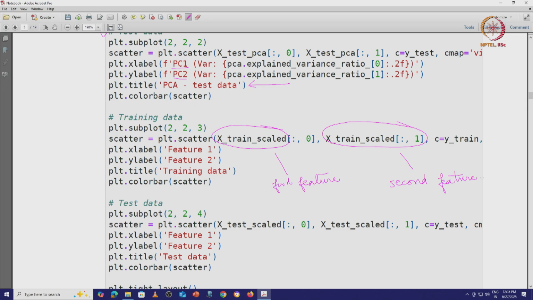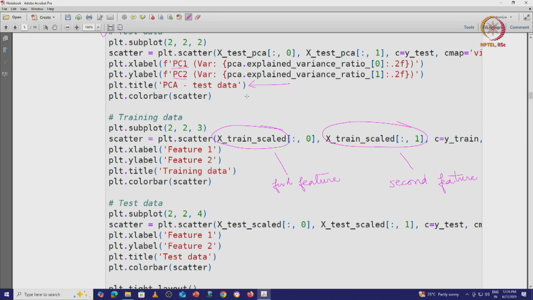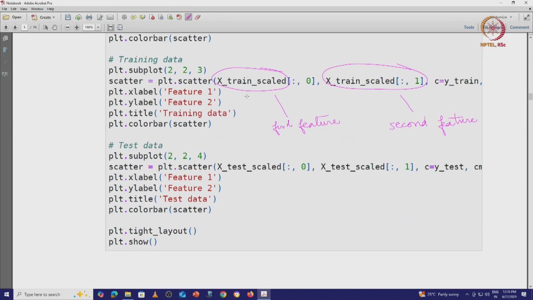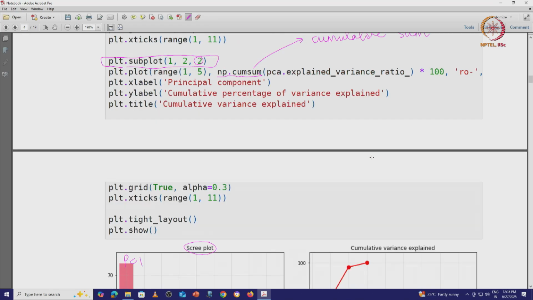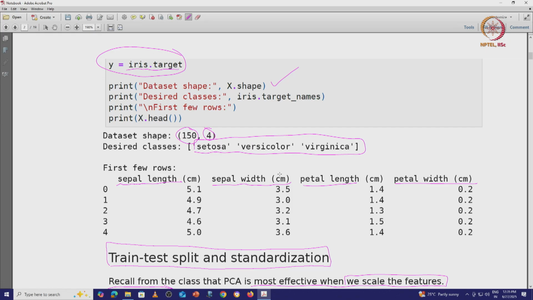This will be interesting because we are gauging the utility of PCA by looking at the features themselves versus by looking at the data points in the PC space. Similarly, I am plotting the test values of the first feature and the second feature. If you want to recall, the first feature is the sepal length and the second feature is the sepal width.